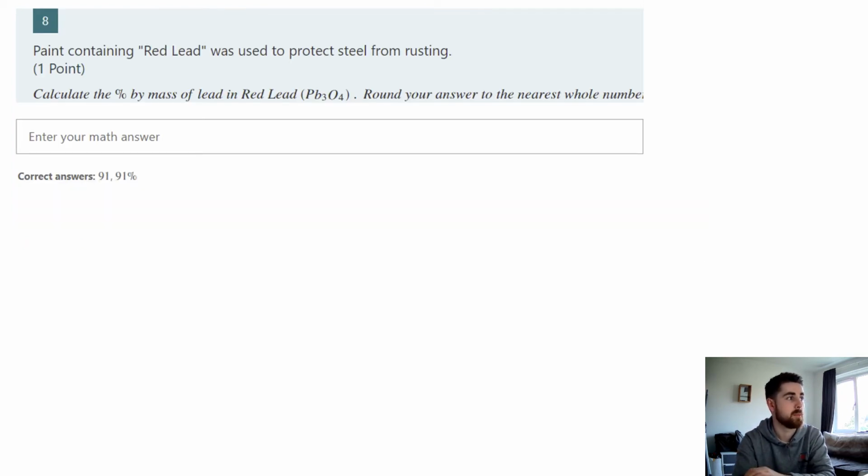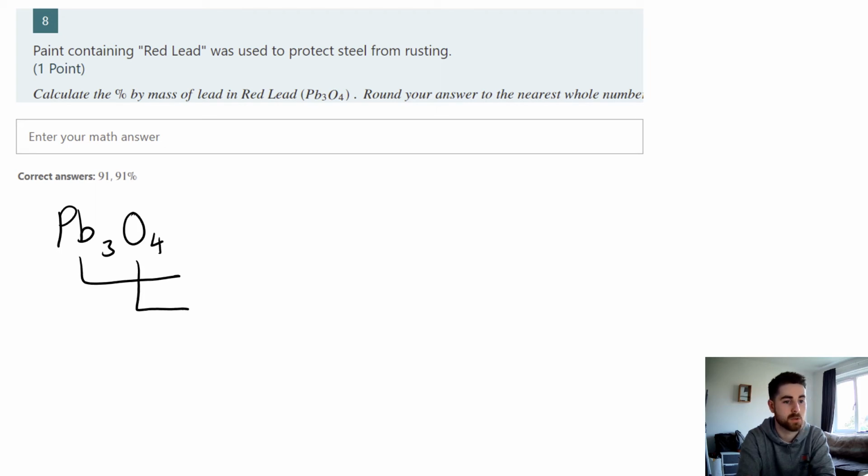Question 8, paint containing red lead was used to protect steel from rusting. Calculate the percentage of lead in red lead, which is Pb3O4. So first thing we're going to do, as we've done before, is work out the GFM of red lead. So lead has a mass of 207, we multiply that by 3 because there's 3 atoms in the compound, which gives us 621.